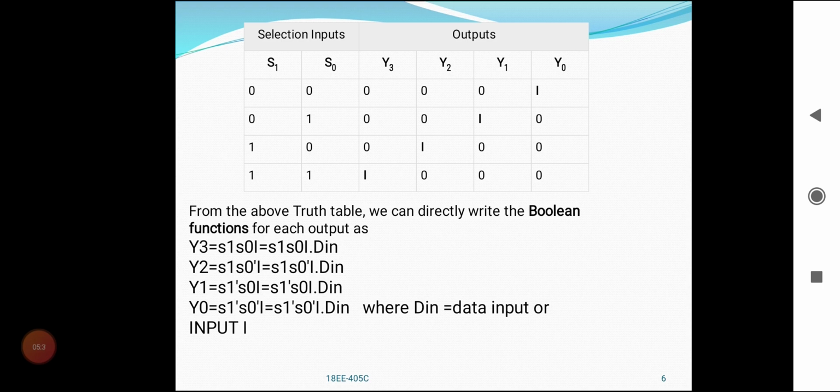Y1 is equivalent to S1 complement S0 into I, which is equivalent to S1 complement S0 into D in. Y0 is equivalent to S1 complement S0 complement into I, which is equivalent to S1 complement S0 complement into D in, where D in is the data input or input I.